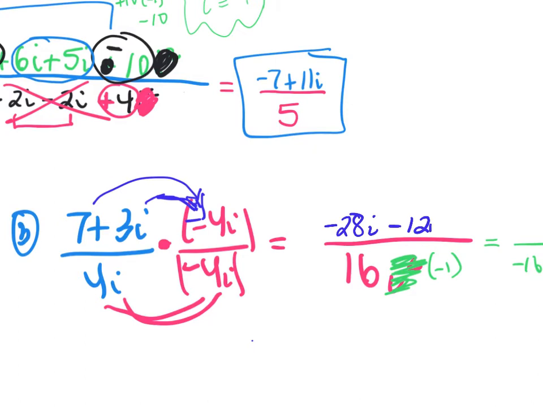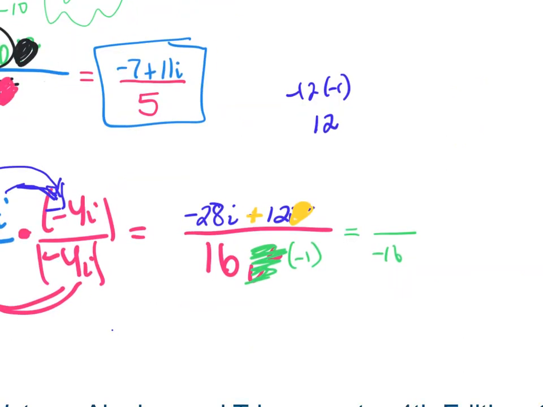i squared. Now MJ, the value of i squared is what? -1. So if I had this problem, -12 times -1, you would tell me it's +12, right? So that's why I say when you see i squared, you can just cross it off and change the sign that's in front of the number. Now, if I was going to write my answer, what would the numerator look like?